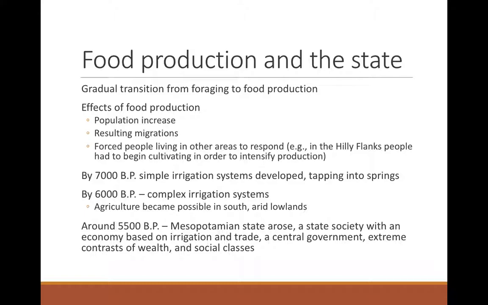Anyway, the states are characterized by central governments, permanent central governments, with a kind of hierarchical organization, extreme contrasts of wealth, with wealth being concentrated in the hands of a few, with most people falling into the quote-unquote working class, and distinct hierarchical social classes. That is one of the other key critical features of states. Chiefdoms, which are also agricultural in nature, are a ranked society.